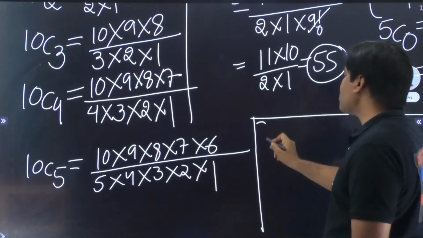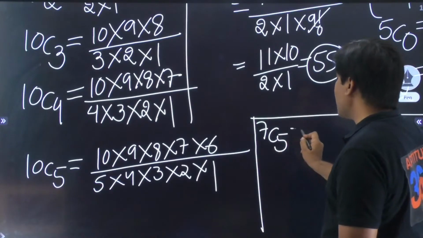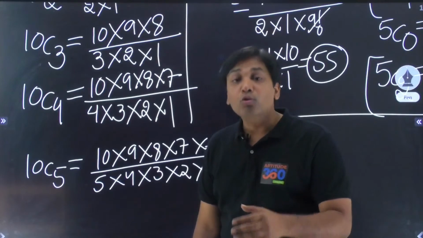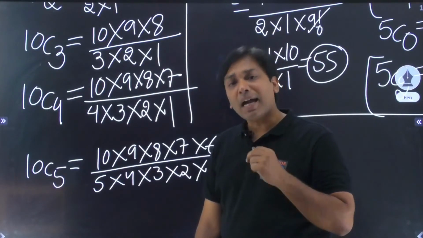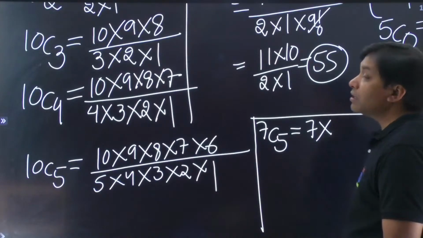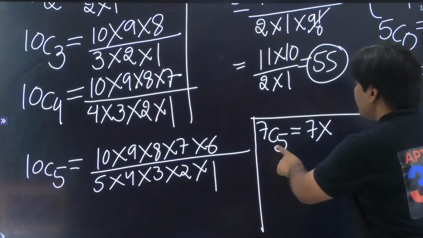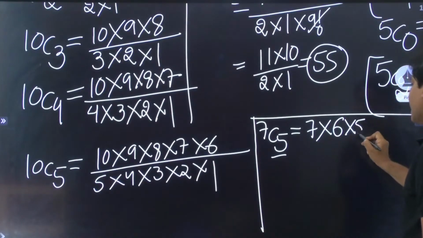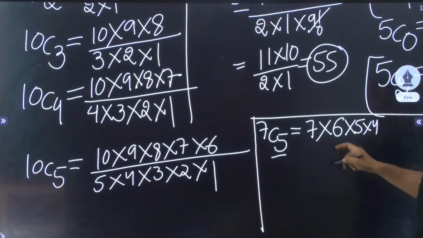अब अगर मेरे को निकालना हुआ, if I have to find out 7C5 by using this understanding, क्या करेंगे हम यहाँ पे? We will be starting from 7 and in the decreasing order we will be writing how many times? 5 times. So 7 and then 6 and then 5 and then 4, isn't it? And then 3.